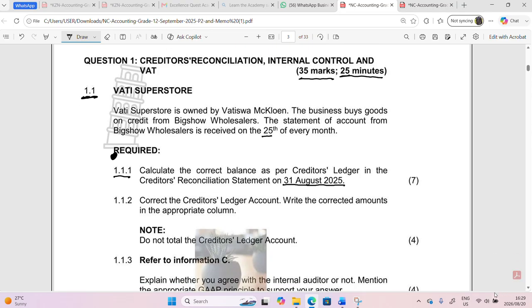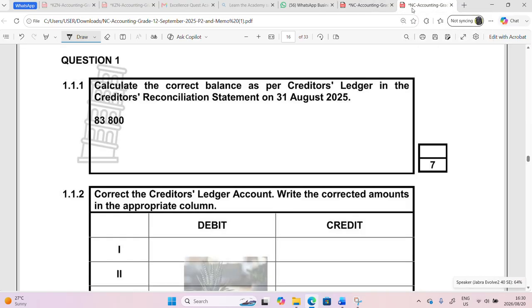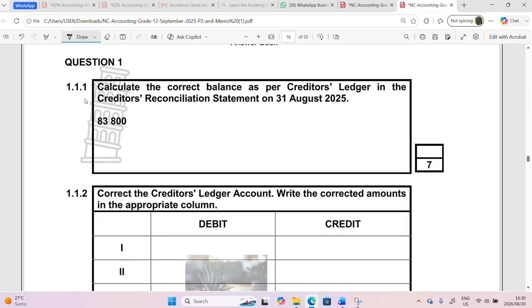Correct the creditors ledger account, write the corrected amounts in the appropriate column. On our side, for this question, we have the answer book. There on 1.1, we need to correct the creditors ledger in the creditors reconciliation statement.